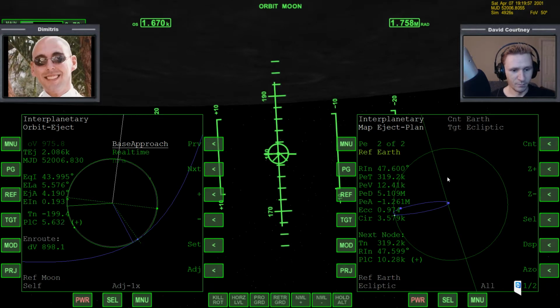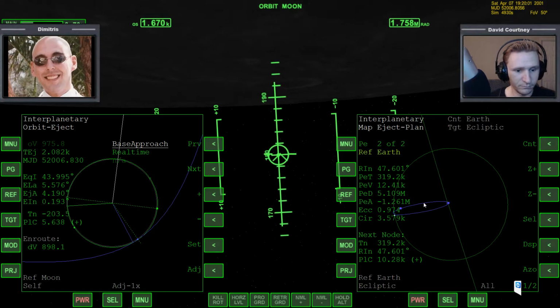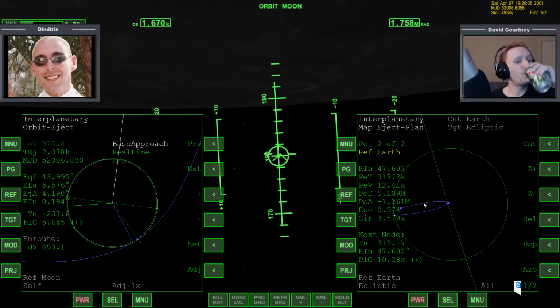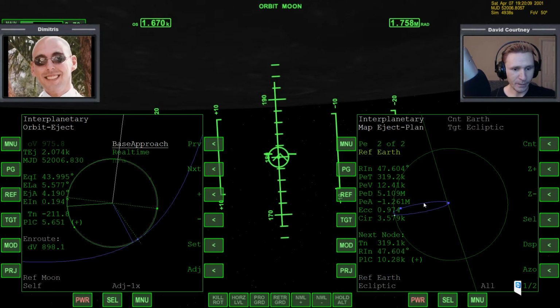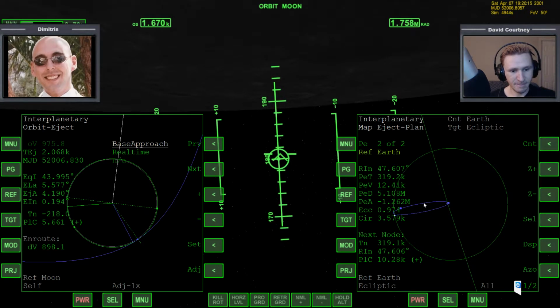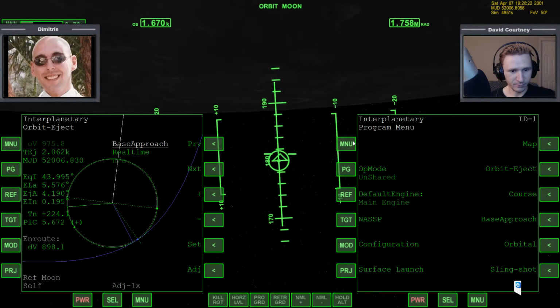We can see that if we use this burn as it is, it would take us below the surface of the Earth, and I don't think we would be very nicely aligned with the base of our choice. But we can correct that. So we can go to the menu button again.